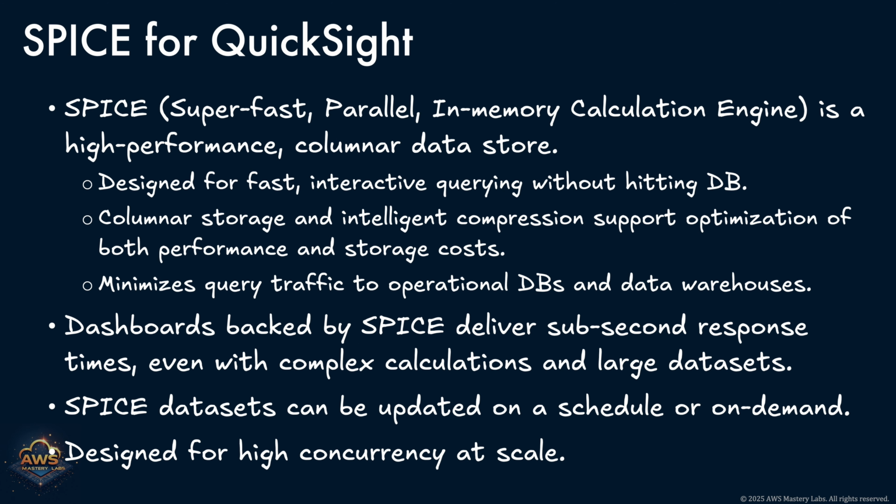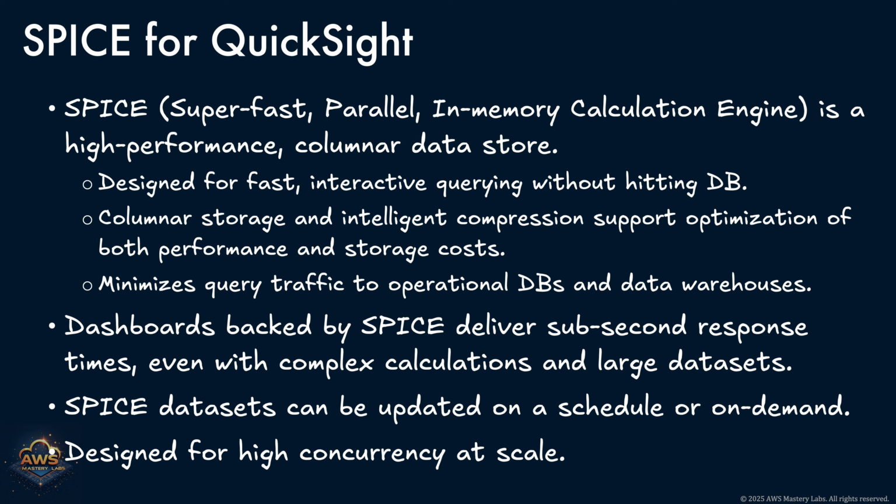One of the most powerful features in Amazon QuickSight is SPICE, the super-fast, parallel in-memory calculation engine. SPICE is what enables QuickSight to deliver fast, interactive analytics at scale, without putting pressure on your underlying data sources. At its core, SPICE is a high-performance, in-memory engine that stores your datasets in a highly optimized columnar format.